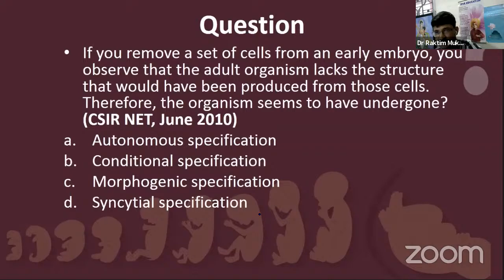You remove the set of cells from the early embryo and observe that the adult organism lacks the structure that would have been produced from the cells. Therefore, the organism seems to undergo what?